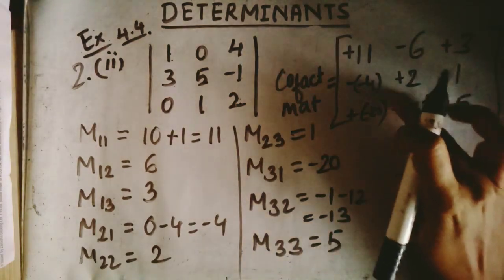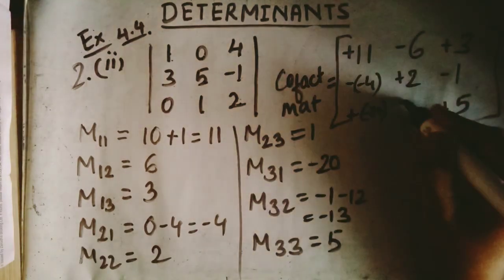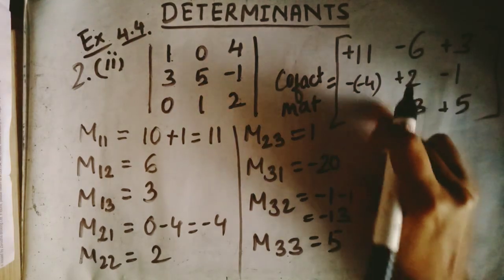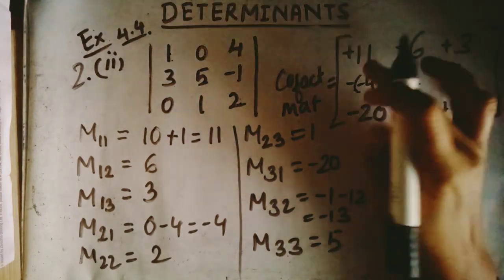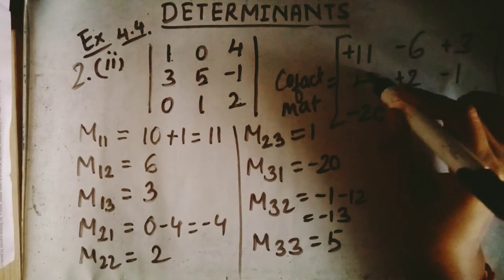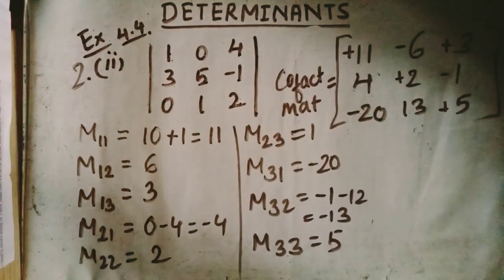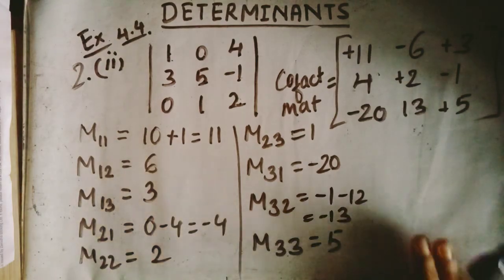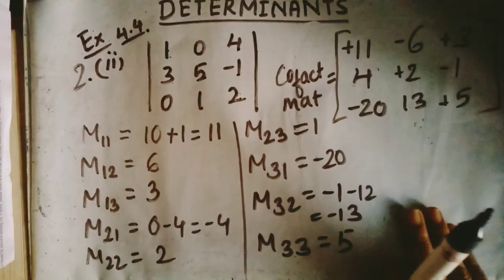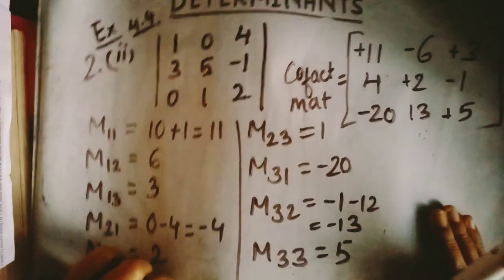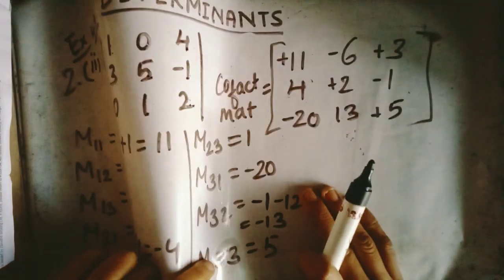So this will be plus 13, this is minus 20, this is plus 4. Okay. So this is your cofactor matrix.